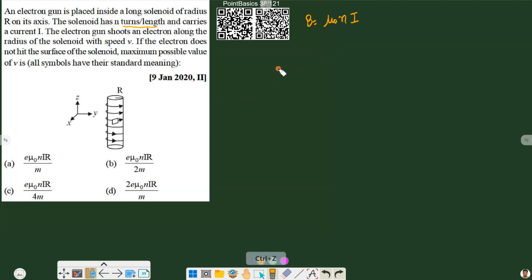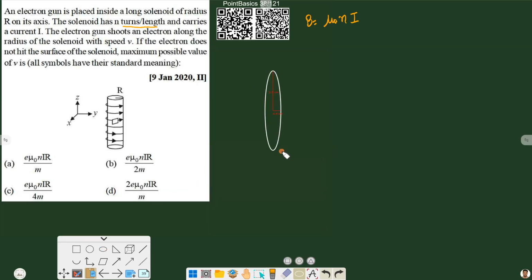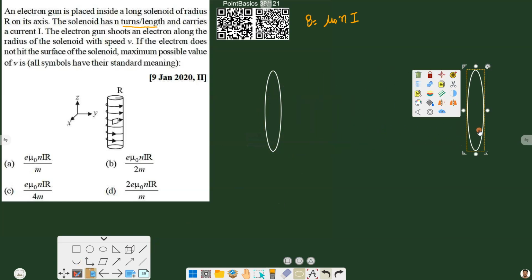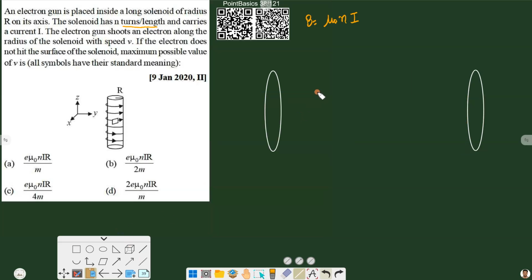Suppose this is a solenoid. Let me draw it bigger. Copy, paste, and let's join that. Suppose this is our solenoid.